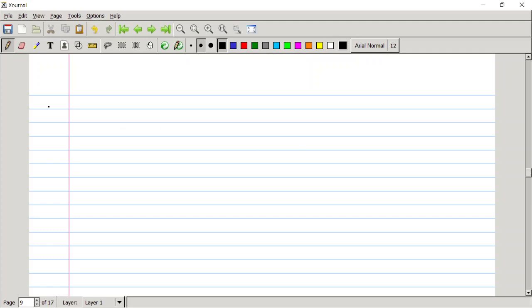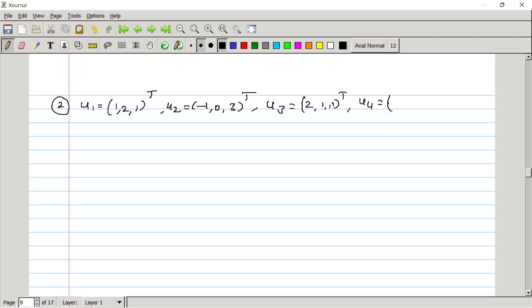Let me write u1 equal to (1, 2, 1) transpose, u2 equal to (-1, 0, 3) transpose, u3 equal to (2, 1, 1) transpose, u4 equal to (0, 1, 1) transpose.